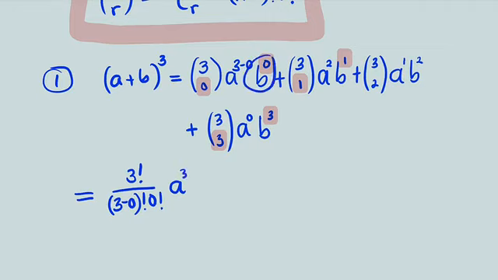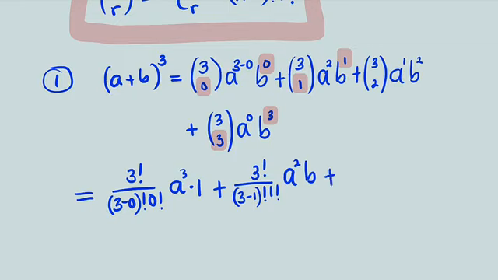Then b raised to the power of 0 is 1, so multiply by 1. You take the next term. 3 combination 1 is the same thing as 3 factorial divided by 3 minus 1 factorial, then 1 factorial. Then a has a power of 2. b has a power of 1. You don't even have to write power of 1.